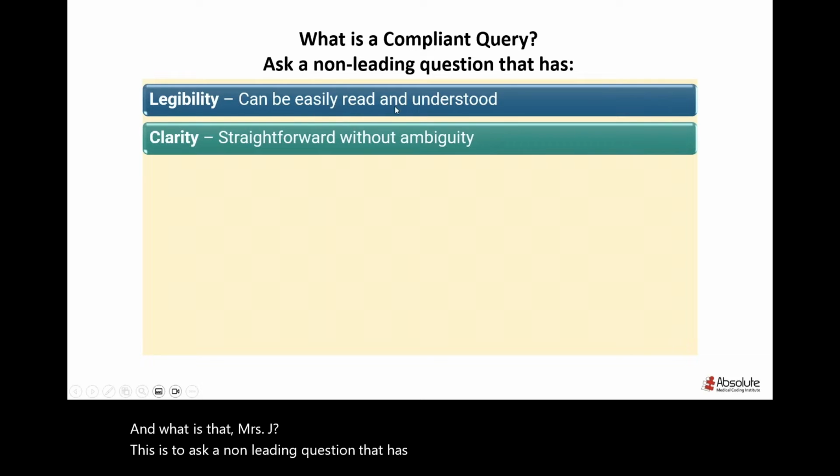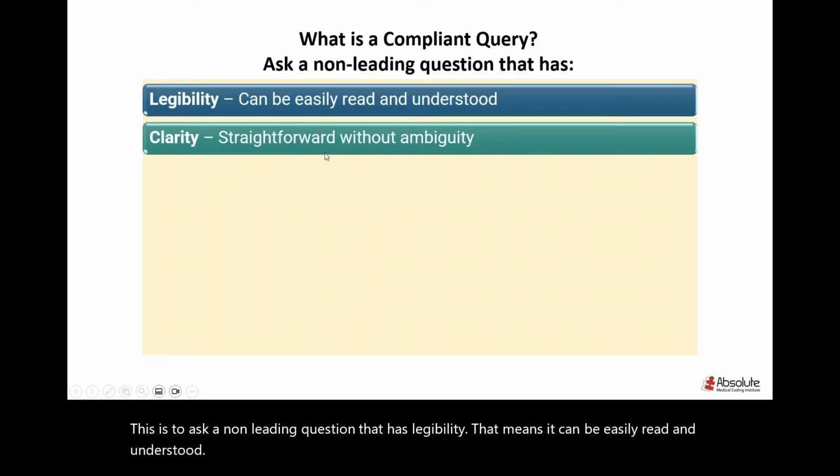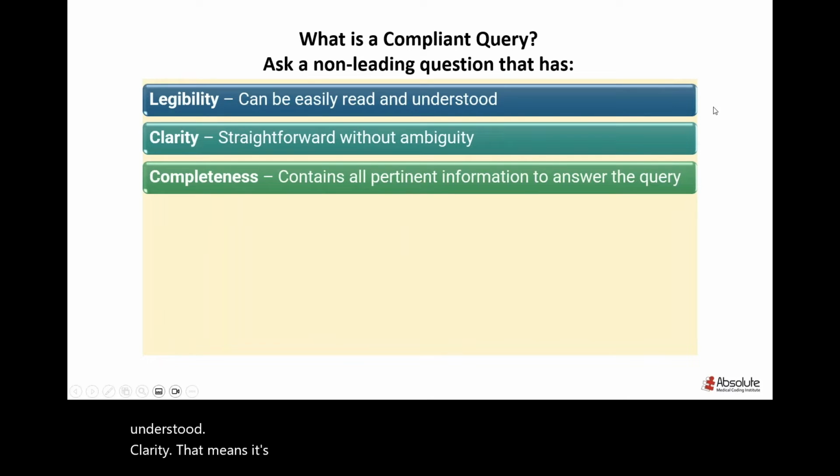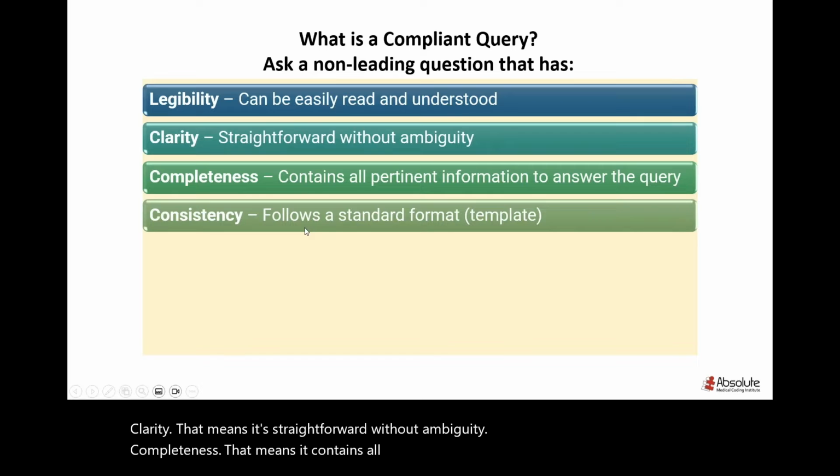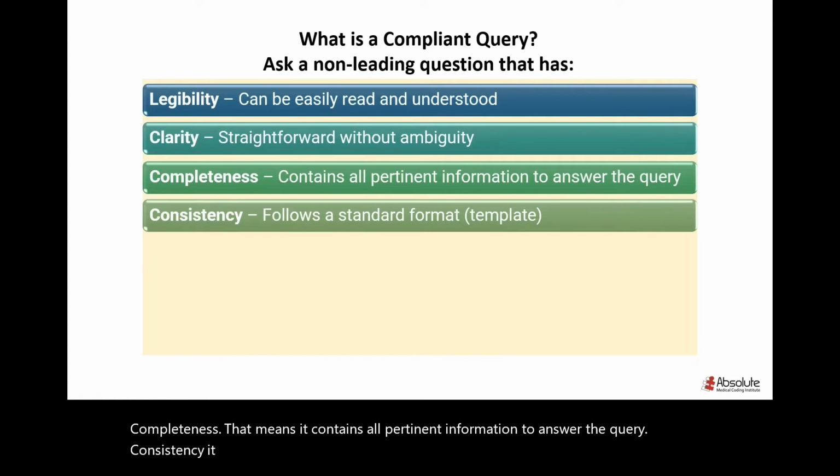That means it can be easily read and understood. Clarity. That means it's straightforward without ambiguity. Completeness, that means it contains all pertinent information to answer the query. Consistency, it means it follows a standard format.